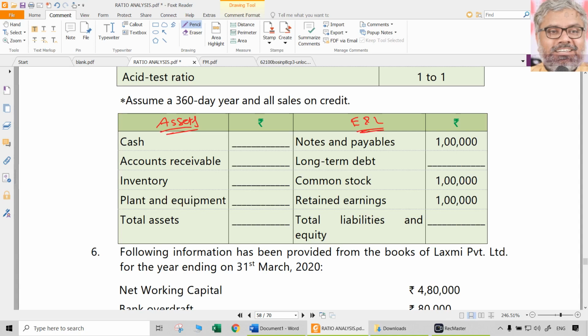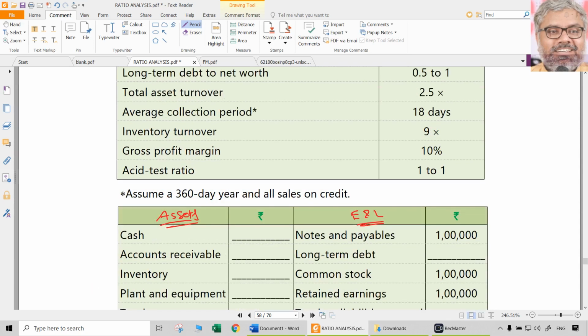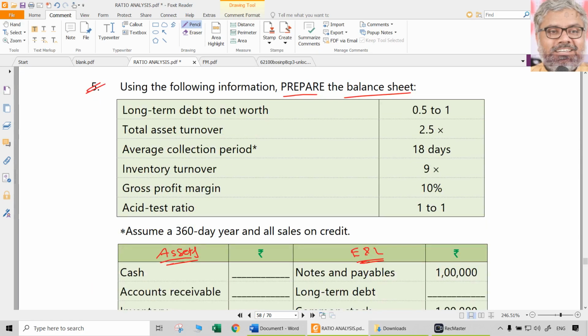There is no law that they have to be on the right side or left side. Different countries follow different things, and mostly the legal presentation of a balance sheet is altogether different from this format. So don't worry too much about the format. Whatever format is given, you just follow that. If nothing is given, you follow your own format, which is a normal asset side and equity and liability side. That's okay. That is a normal format that anyway we follow. But if a different format is given, use that.